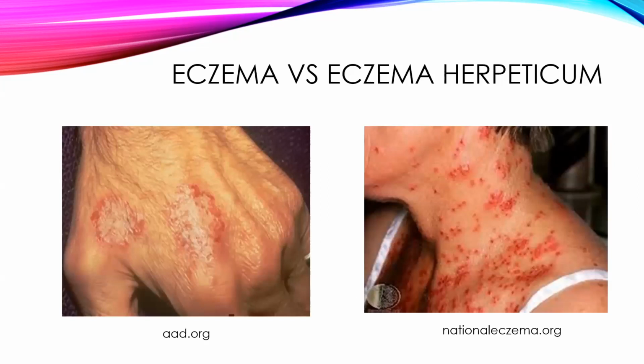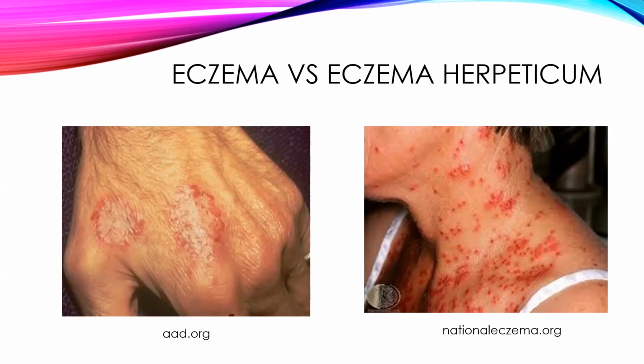Next is a dangerous presentation of eczema called eczema herpeticum. So eczema, as you know, can be itchy, well-defined, or ill-defined erythematous scaly patches. The picture I'm showing is actually that of nummular eczema, which is a round, itchy patch of skin.